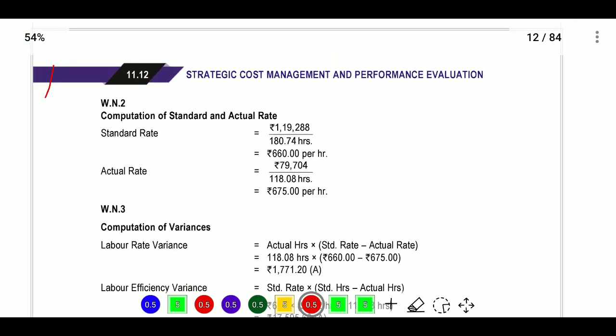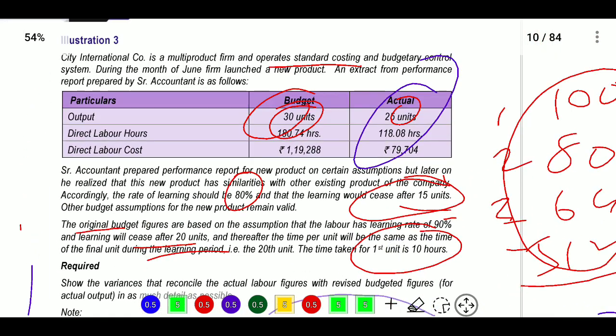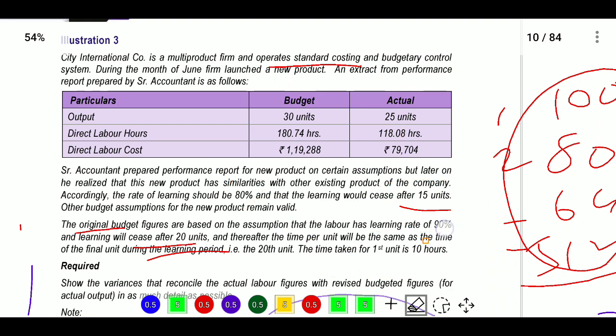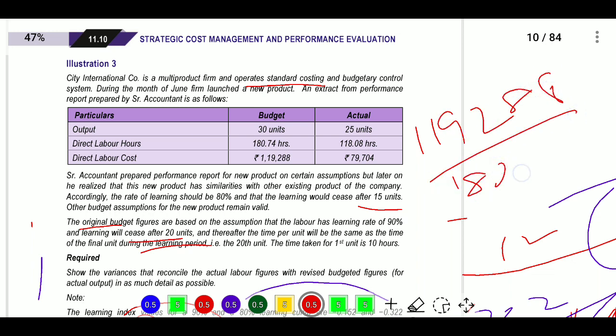Standard rate is equal to the labor cost we were provided, so we will see it in the question. Here the direct labor cost was 119,288 divided by how many hours, 180.74, and for the actual rate, 79,704 divided by 118.08.